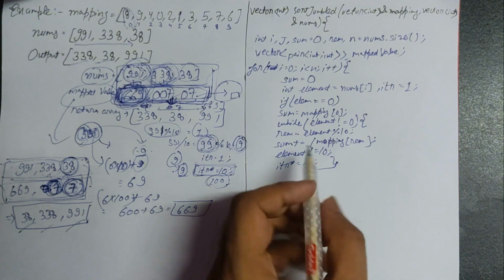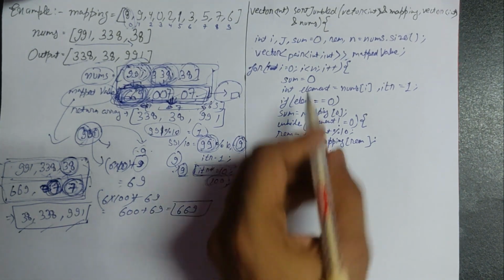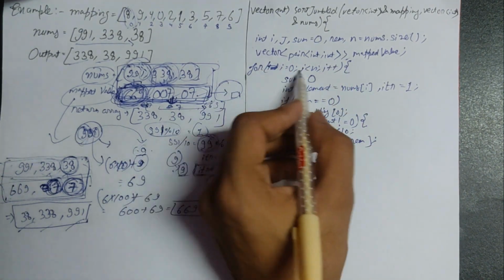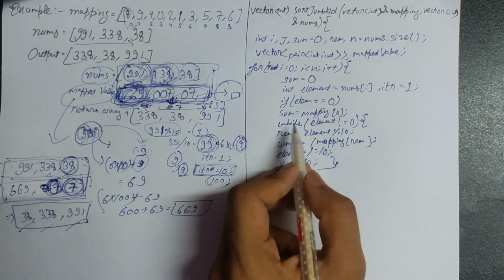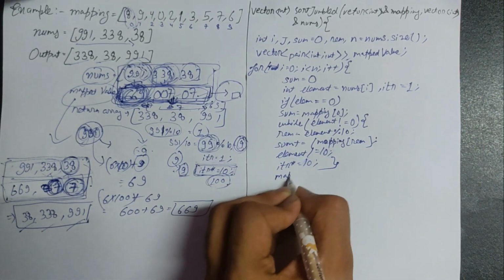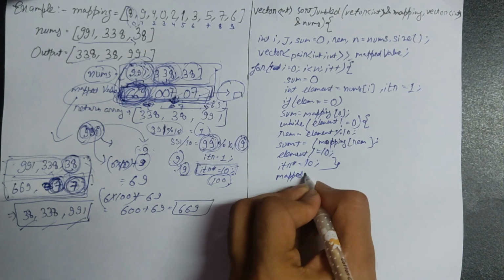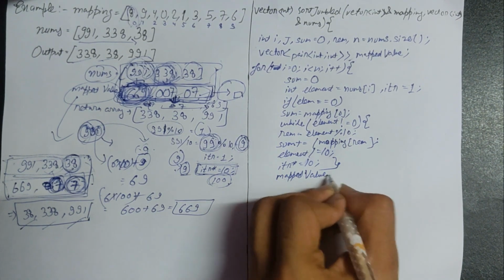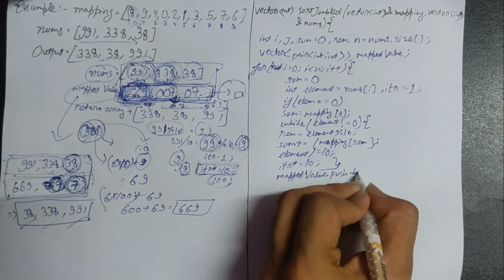After that we just simply need to push both values in the vector, the current value and the current new value, which is sum. So we will simply write mapped value, which is our new vector, mapped value dot push back.